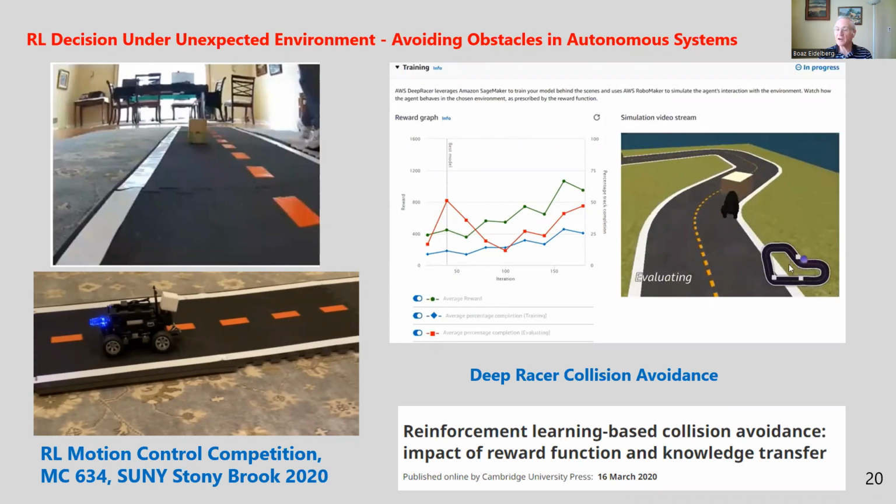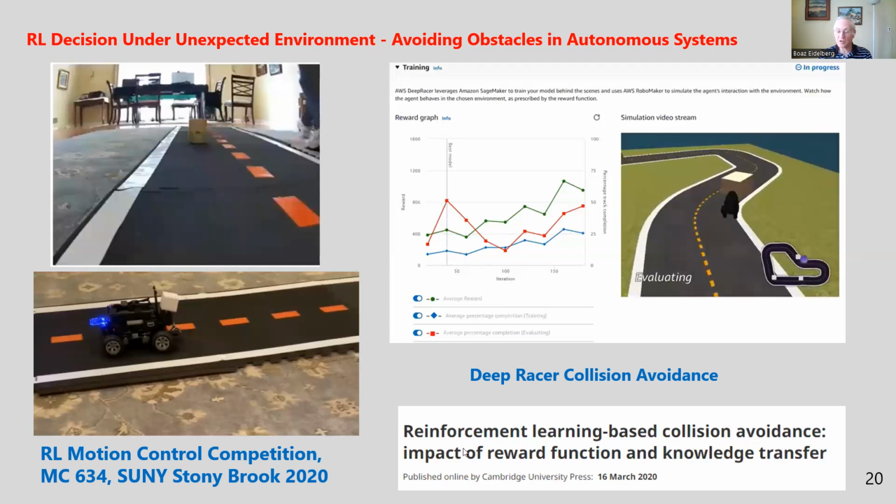And we see over here the track, we see the obstacle over here, and we see over here the reward function that the agent of the DeepRacer is trained with to avoid that obstacle.